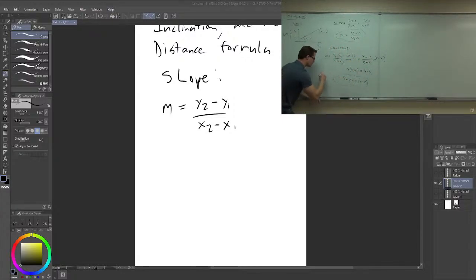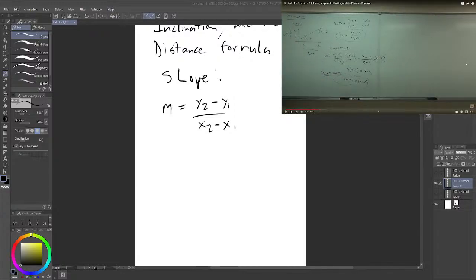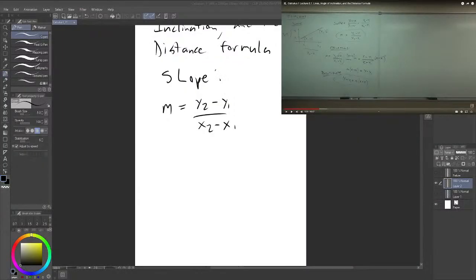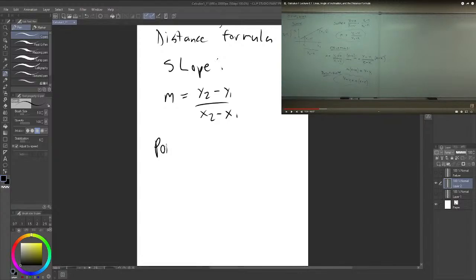We now have point slope. Alright, formula, write it down. Points, slope.